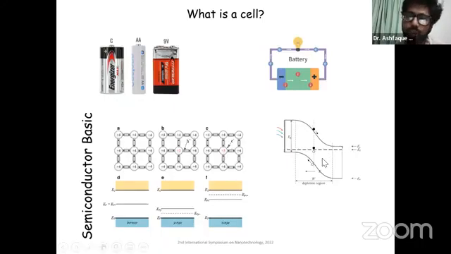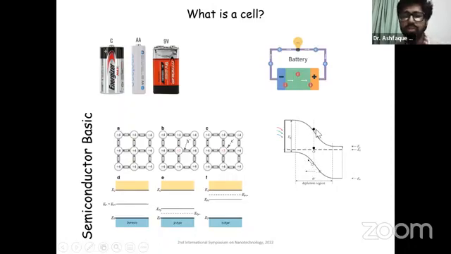Okay, thank you. So when this interface is created, we can see this band bending is created, and this band bending basically takes the electrons. If I talk about an analogy, the electrons can work like a water drop, which goes downward, and the holes can be analogous to a water bubble, which goes up.